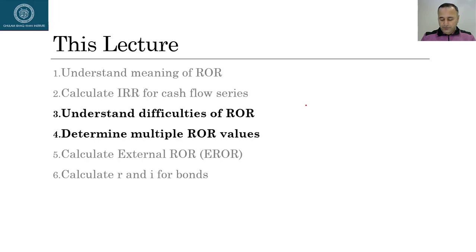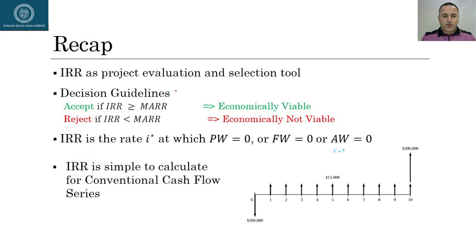Internal rate of return is one of the analytical tools. So if you remember, we used PW and AW in chapter number 6. In PW and AW, interest rate is given, and we were required to calculate present worth and annual worth.